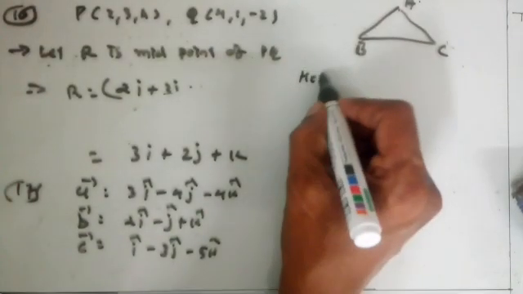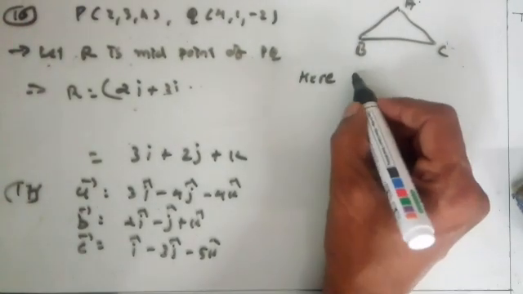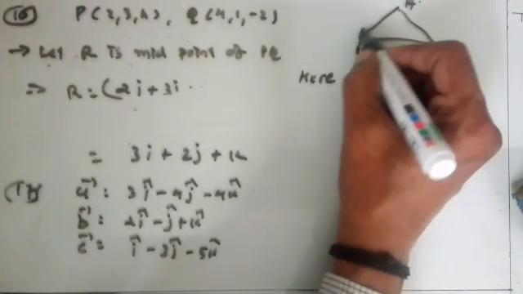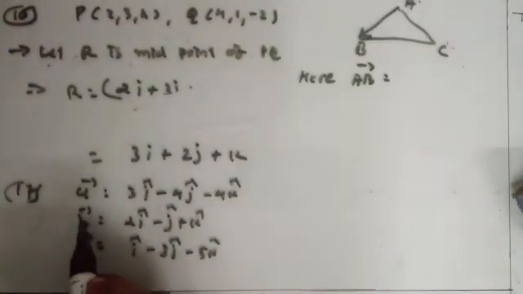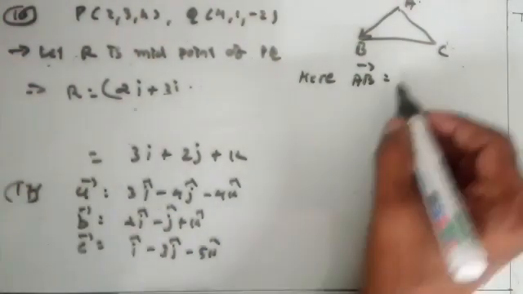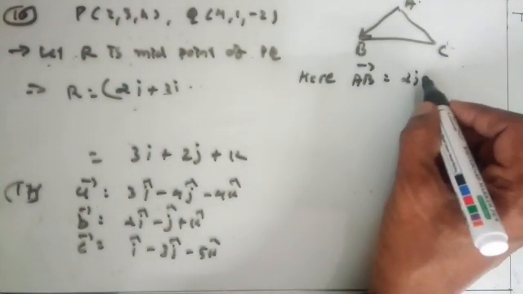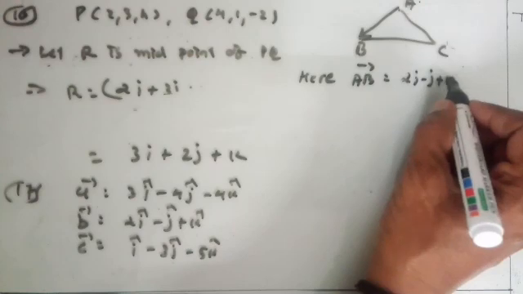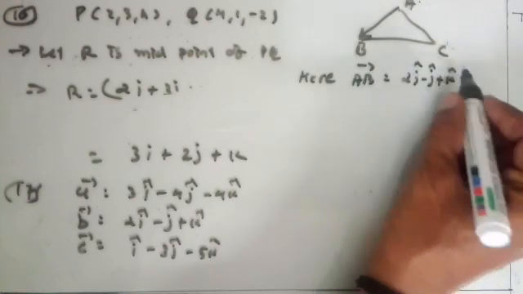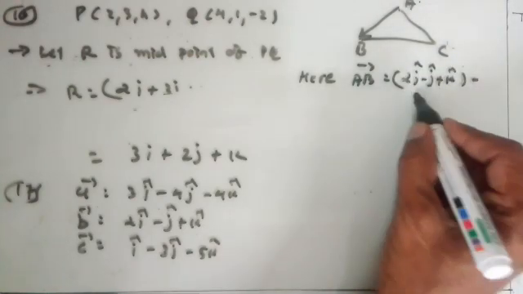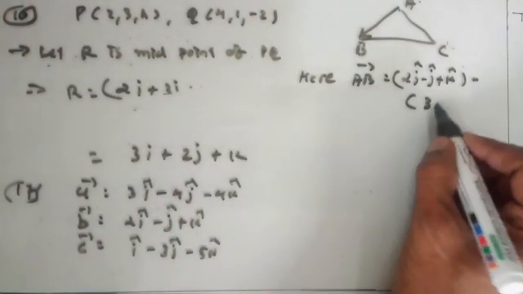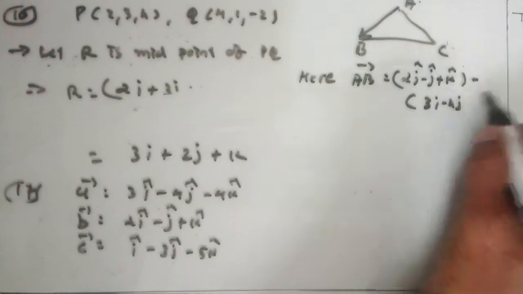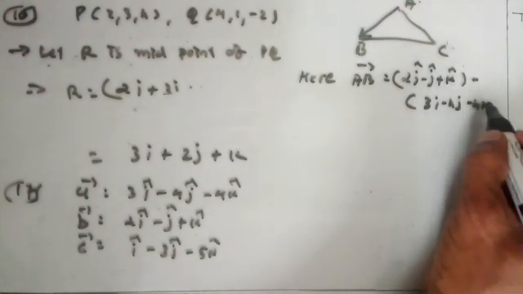Here find the vector AB. AB is equal to the position vector of B minus the position vector of A, that is 2i minus j plus k minus 3i minus 4j minus 4k.